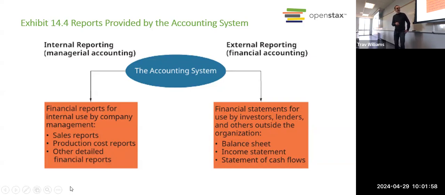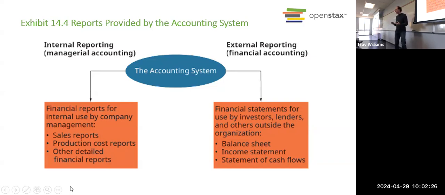So in financial accounting, you learn how to create financial statements that, again, are primarily designed for people outside the organization. So there are a lot of rules that have to be followed. Because if companies could just say, hey, we made $10 billion in profit, and there were no rules that they had to follow to get to that number, then companies could just make things up, right?